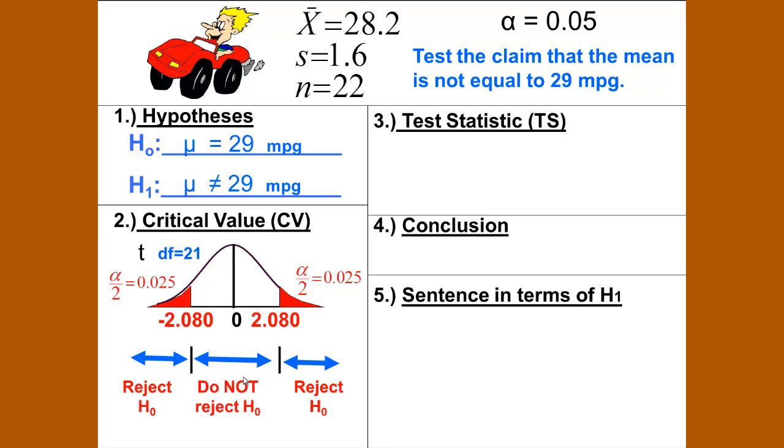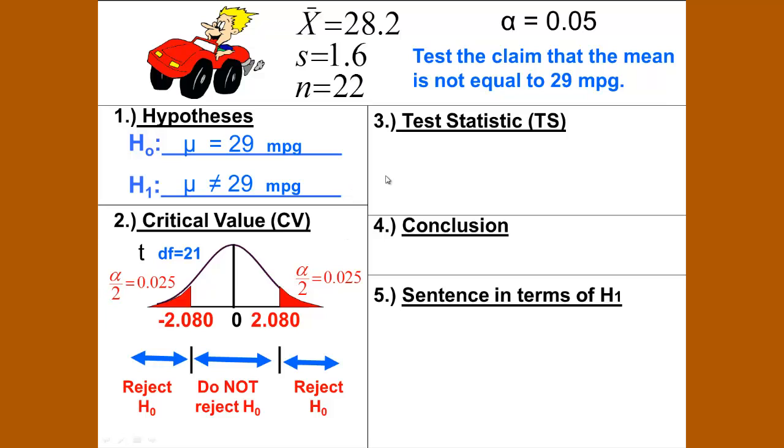I probably should have said that slower. We have a reject H0 in the shaded region to the left tail. We have a reject H0, which is a shaded region in the right tail. But between those, we have a do not reject H0 region, which is between the two tails.